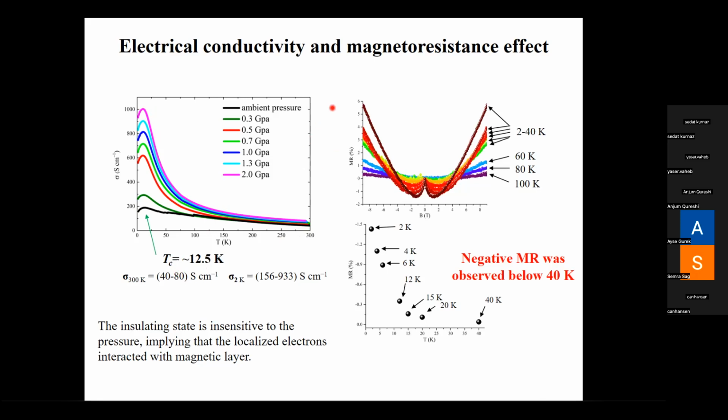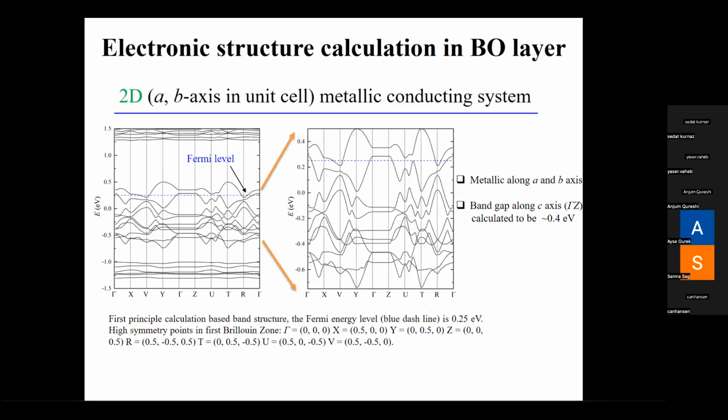However, this shows a negative magnetic resistance by the conduction electron and local single magnet. This is another example of negative magnetic resistance by a conduction electron and local single magnet. And from the band calculation, the Fermi level is cutting. So this is evidence of the metallic behavior of this BO3 compound.